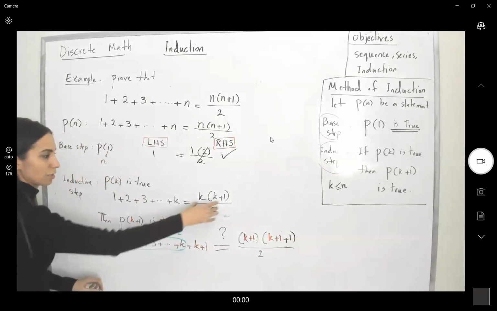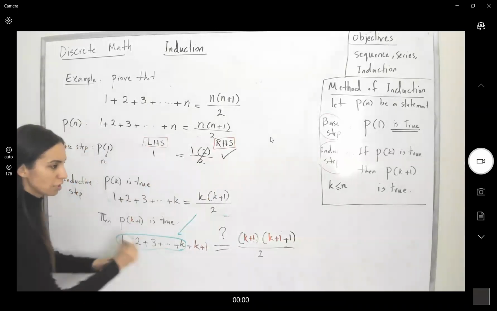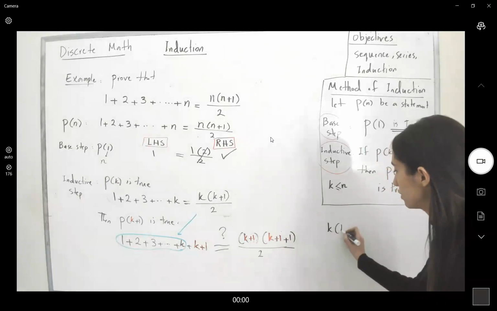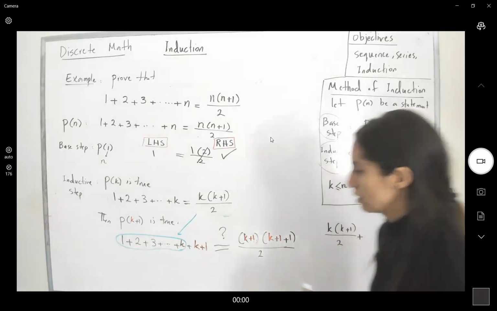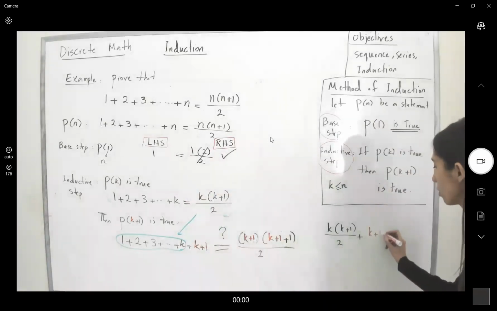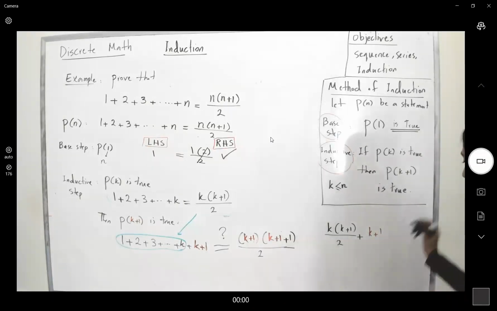If I just write down k times (k plus 1) divided by 2, here I get k times (k plus 1) divided by 2 plus (k plus 1). This is easy to work with. I just need to take a common denominator. The common denominator between these two is 2.